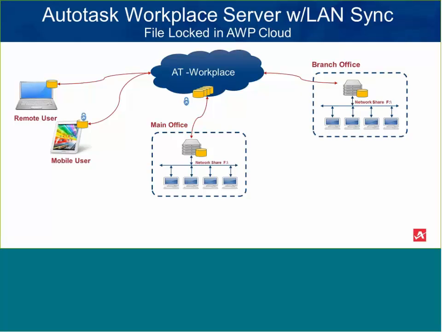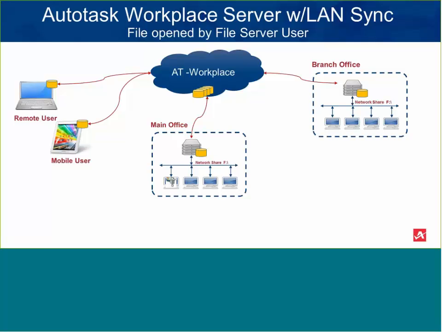Even when they go in through the cloud, and everybody who has that workplace agent, or if they're on the LAN where the server is located, that file lock is going to propagate. So again, whether they do it from a desktop agent or a LAN-connected agent, that lock is going to propagate throughout the workplace environment. And the beauty of that is it extends now to the server.